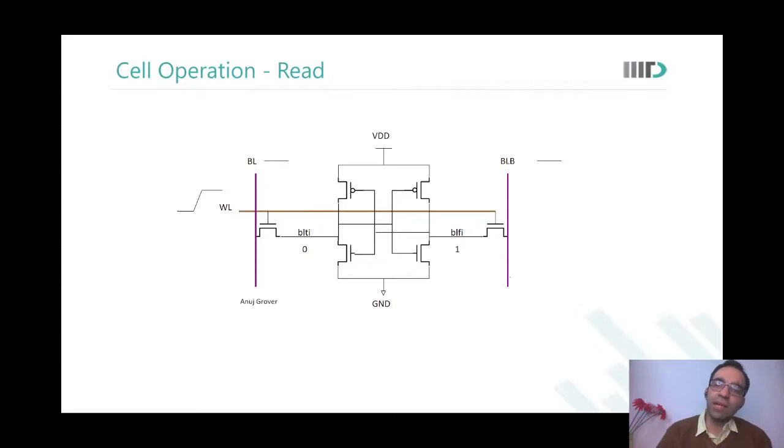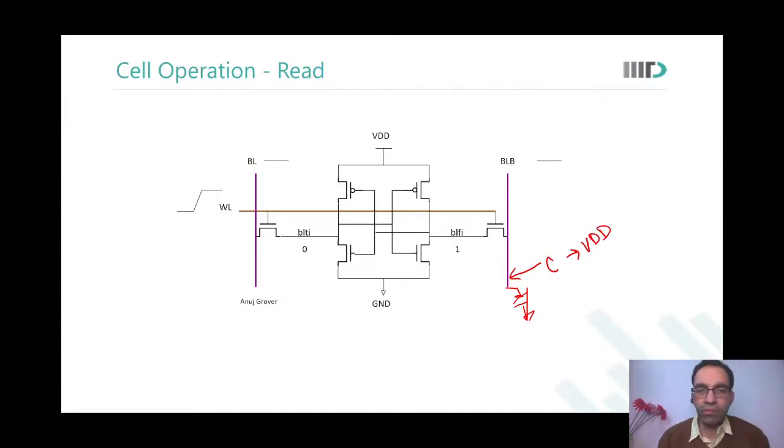These bit lines are essentially capacitances, held at or pre-charged to some voltage level. Let us say they are pre-charged at VDD level.